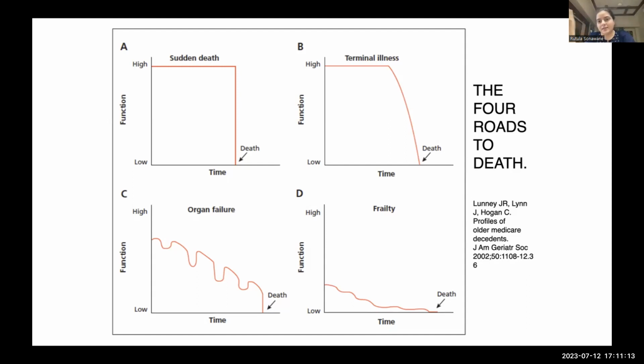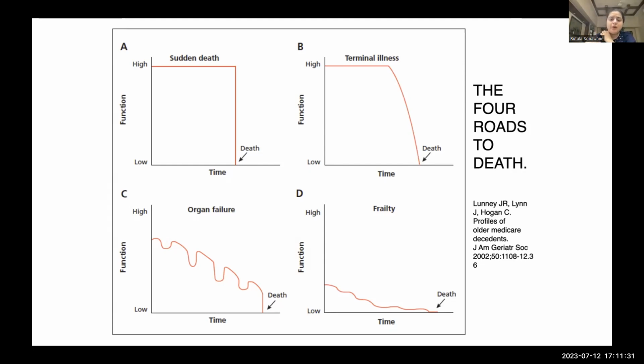But as the disease starts progressing or stops responding to your treatment, the functionality gradually decreases and leads to death.